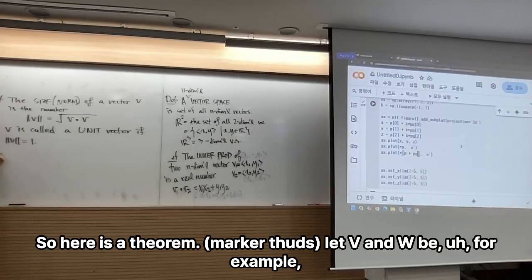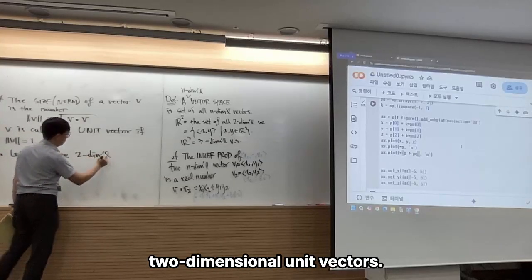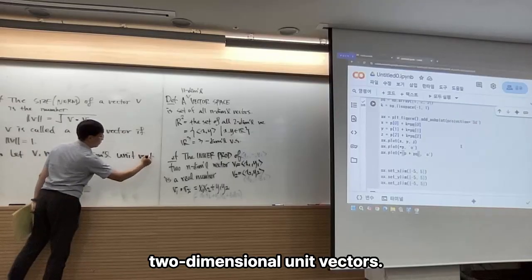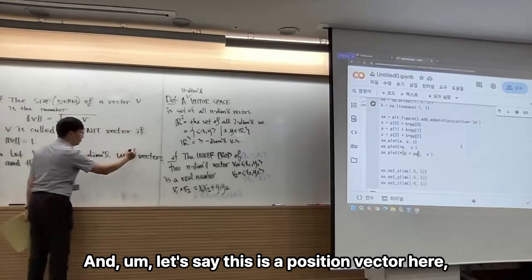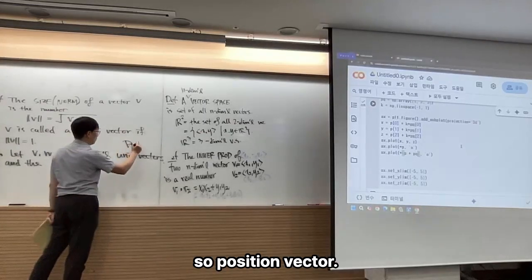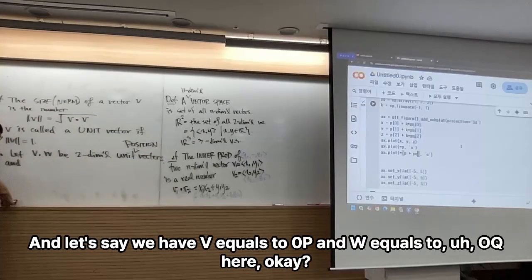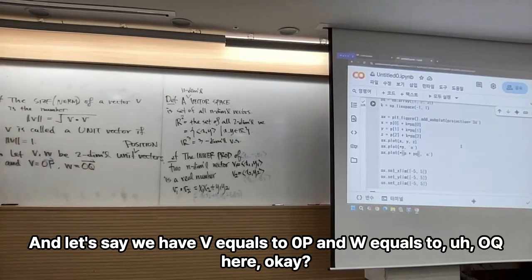So here's the theorem. Let V and W be, for example, two-dimensional unit vectors, and let's say these are position vectors. Let V equal OP and W equal OQ.